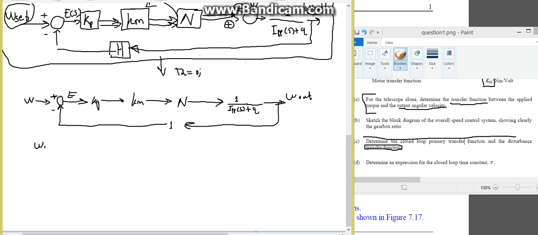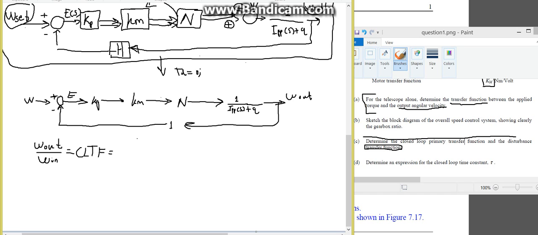You get your output over your input, which results in your closed loop transfer function. Do you remember that? Your closed loop transfer function, which would then equal, now let's start summing and multiplying everything together.